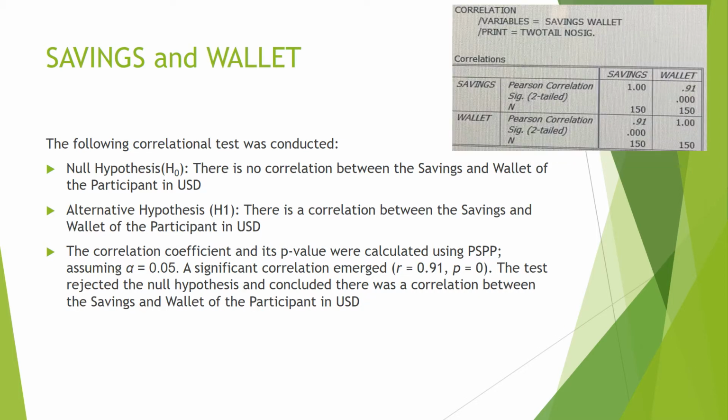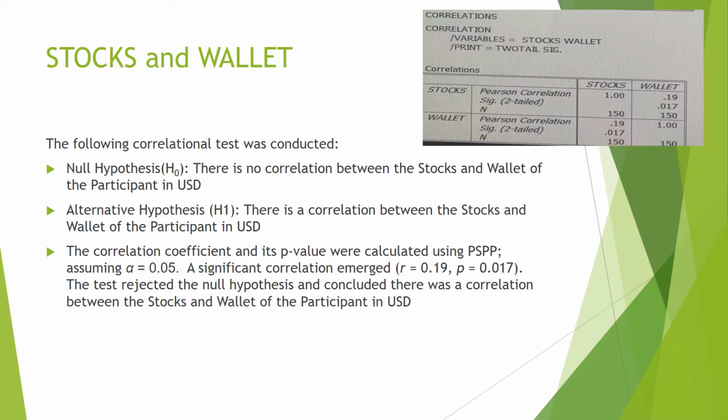Likewise, in savings and wallet, no wonder the R value here is 0.91 and P is equal to 0. Test is statistically significant, means higher the savings, there will be more cash in the wallet. Likewise, stocks and wallet. When there is more cash, people might invest in stocks to magnify their money.